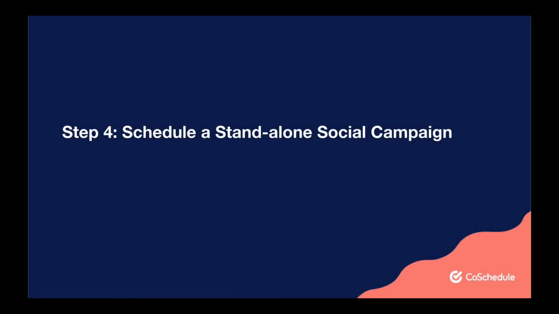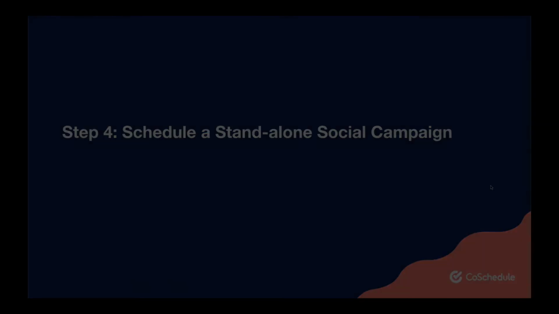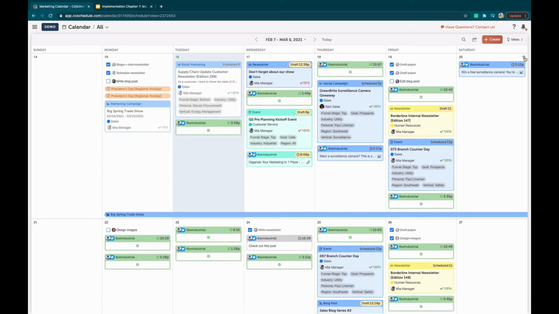The next thing you can do with a social campaign in CoSchedule is to create a standalone campaign that is not attached to a project. This can be any sort of initiative that your marketing team is doing, but it is not necessarily connected to a certain project in CoSchedule. To add a standalone social campaign to your calendar, click the plus sign on the date you want the first social message in the campaign to be published.